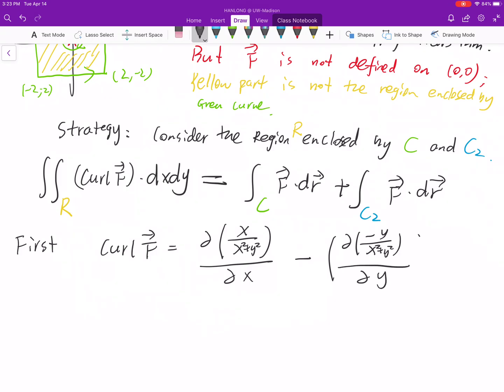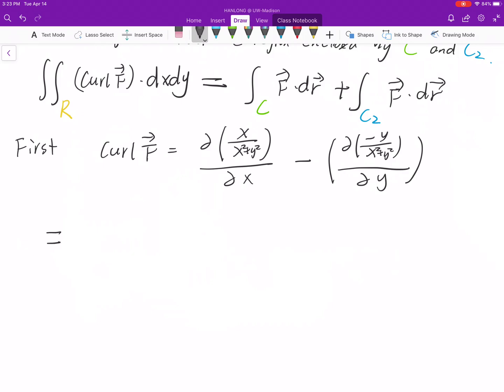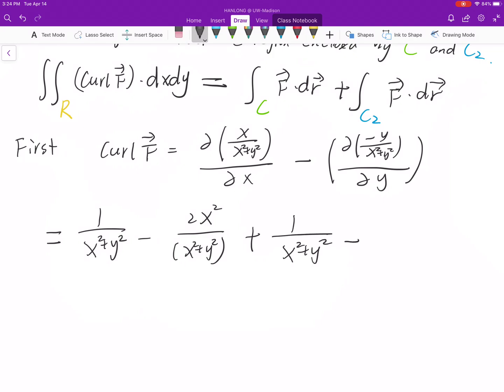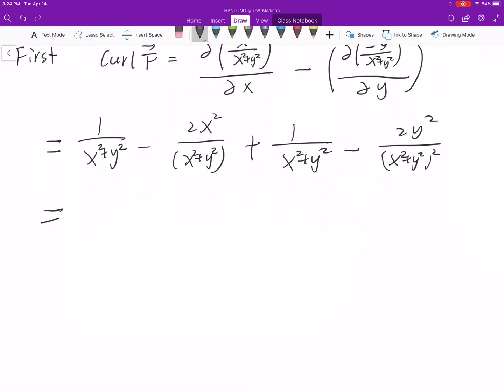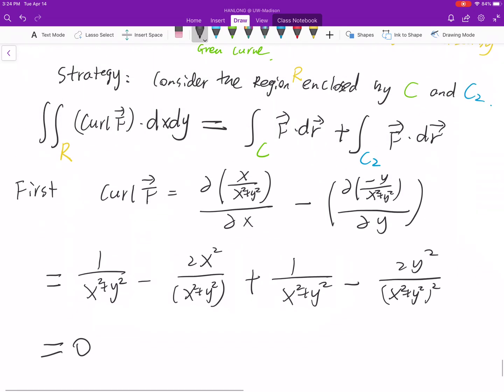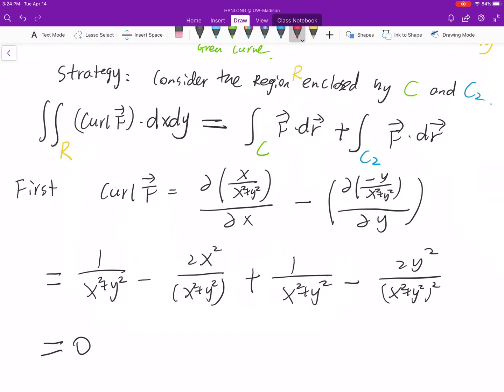So this is 1 over x squared plus y squared minus 2x squared over x squared plus y squared squared, plus 1 over x squared plus y squared minus 2y squared over x squared plus y squared squared. So the answer is 0.